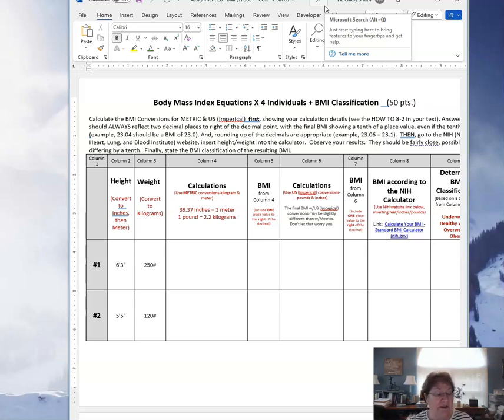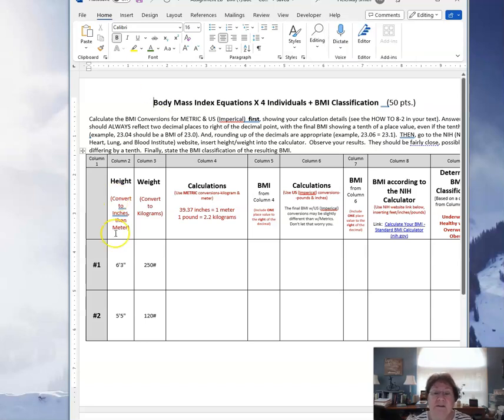You're given height and weight in columns 2 and 3, which will need converted to meters and kilograms for the metric calculation in column 4. So you'll do your calculations in this space in column 4 across from line 1, and then you'll fill in the resulting BMI calculation in column 5.